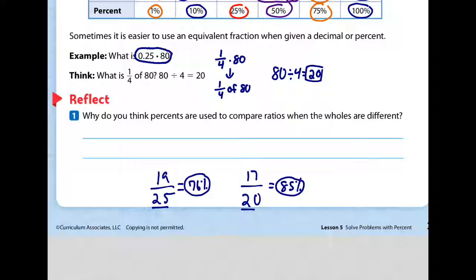Okay, so you should have your reflection written for number 1. So I'm going to write my answer here. Yours does not have to be the same. Remember, this is a why do you think question. There's no right or wrong answer. So I'm going to write down what I think.